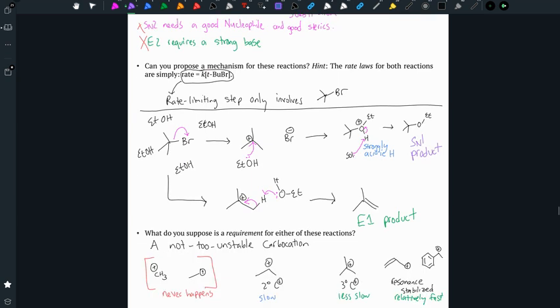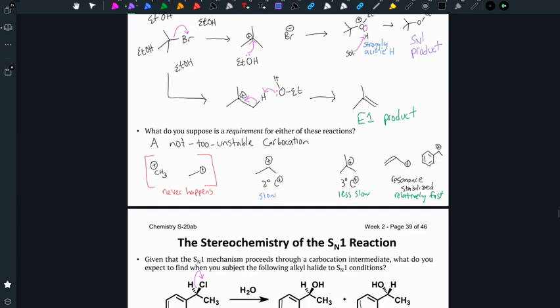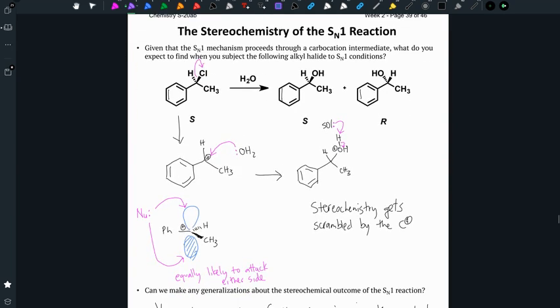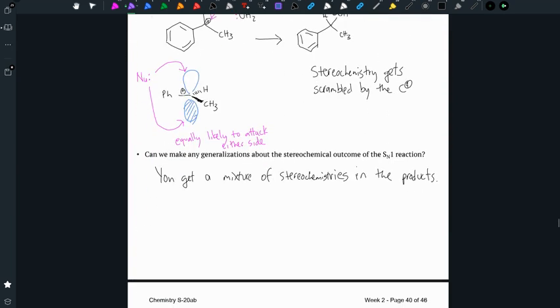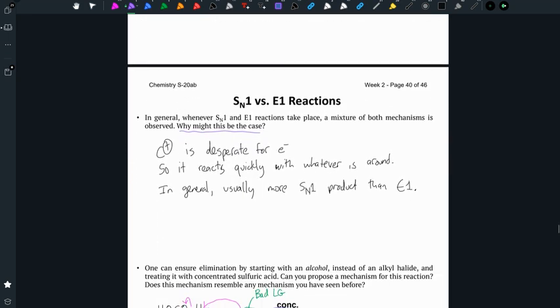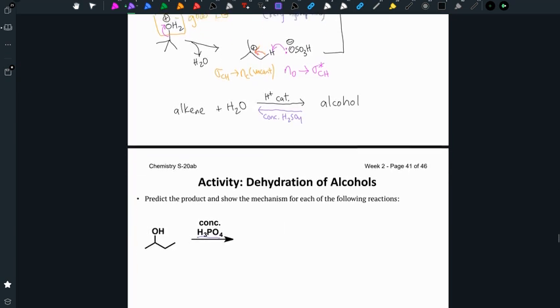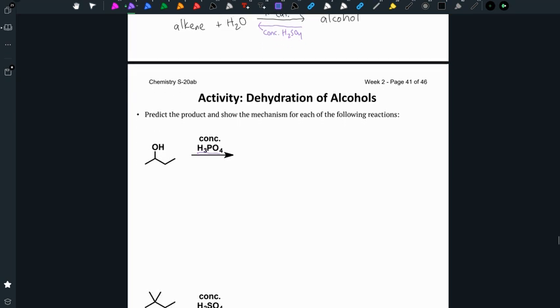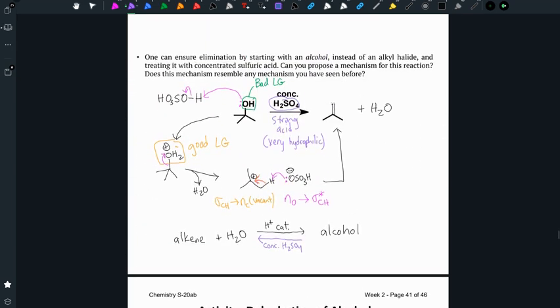So once you form your carbocation, if you form the Hofmann product, that is going to be a little bit less stable than the Zaitsev product, and your reaction will go back and make the carbocation again, until you reach the Zaitsev product, the more substituted alkene. Because more substituted alkenes are slightly more stable than less substituted alkenes. So in this case, you will always get the Zaitsev product.